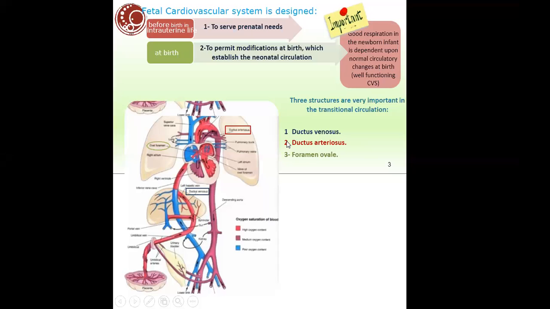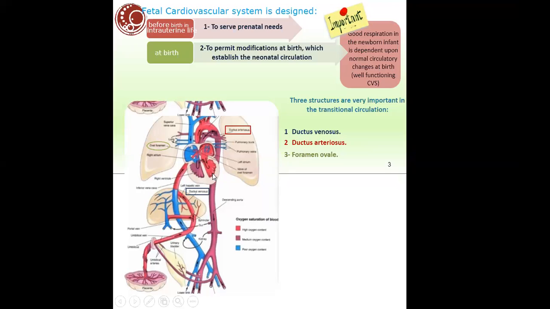So the ductus venosus is the structure which carries 50% of the oxygenated blood to the inferior vena cava. The ductus arteriosus is that bypass mechanism by which maximum blood, instead of going through the lungs, is bypassed to the descending aorta.